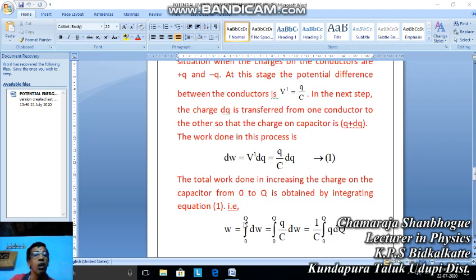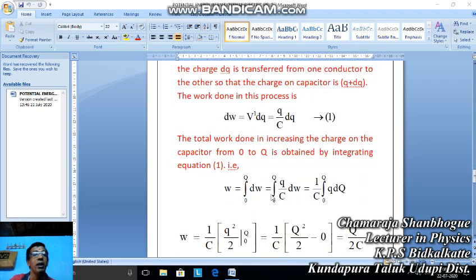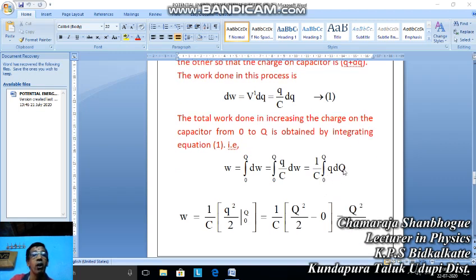If we integrate this, we get the total work done in charging the capacitor from 0 to maximum. W is equal to integral from 0 to Q of dW, which is also the integral from 0 to Q of q by C dq. Here 1 by C is taken outside the integration sign. 1 by C, integral from 0 to Q of q dq.